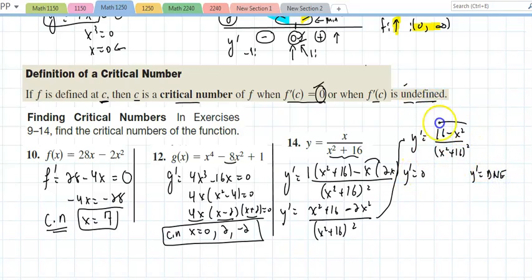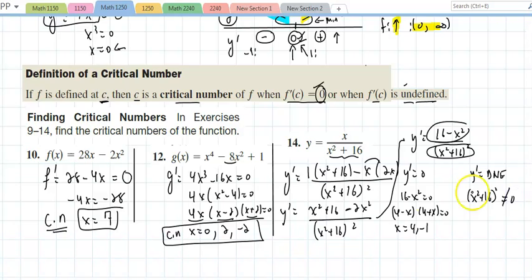Well, a fraction equals 0 if the top equals 0. That's when x equals 4 or negative 4. And a fraction does not exist, or is undefined, if the denominator equals 0. But that could never happen. So I only get 2 critical numbers out of that.